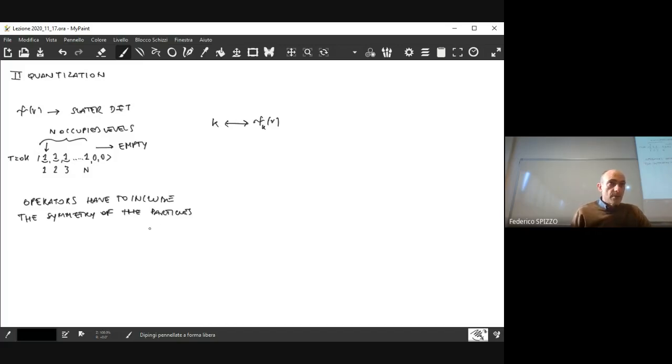So in the case of electrons, we expect to have fermions. So the wave function of the system has to be antisymmetric.